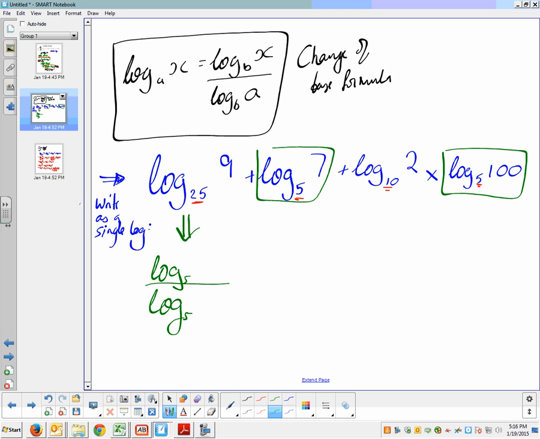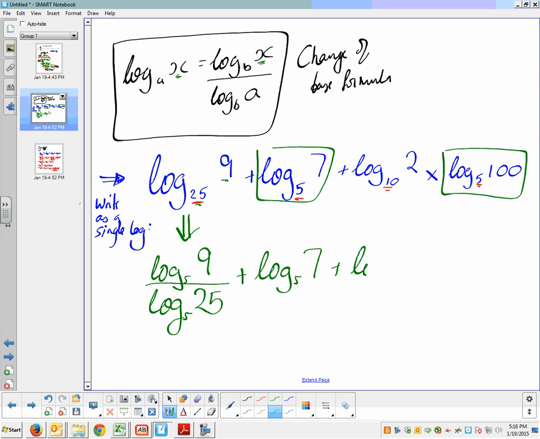What goes on the top? Well, it's just whatever I was taking logs of before, so in this case it's 9. And what goes in the bottom is whatever we had as our base before. So that's log base 5 of 9 over log base 5 of 25. This one doesn't need to change because that's already base 5.